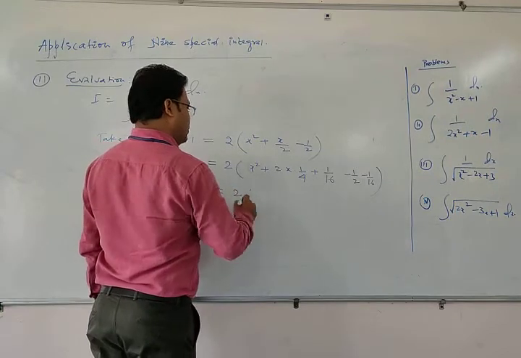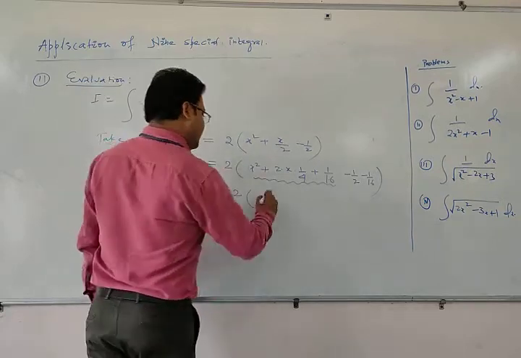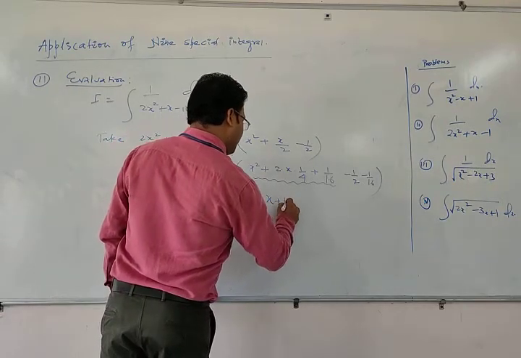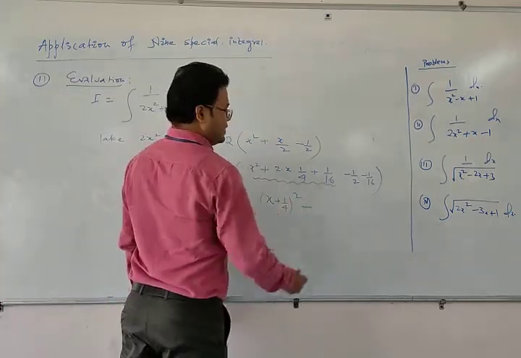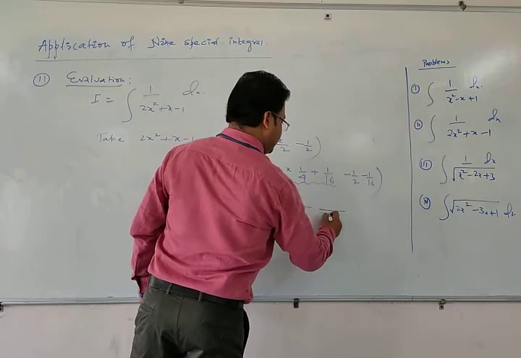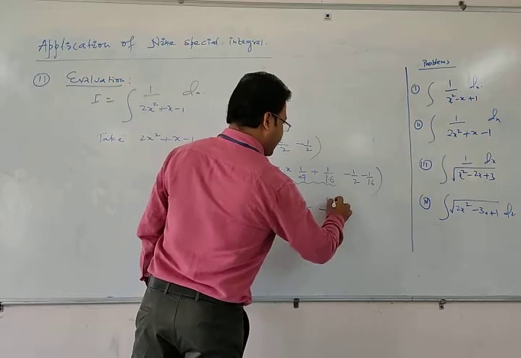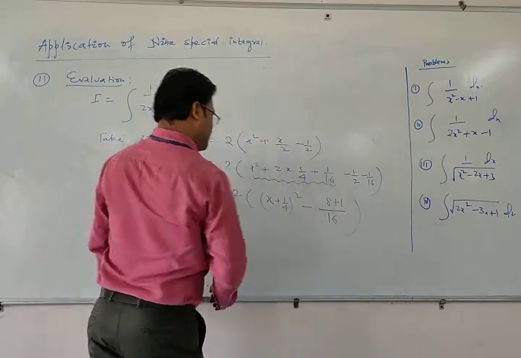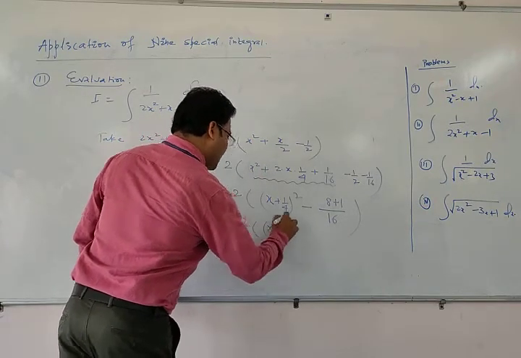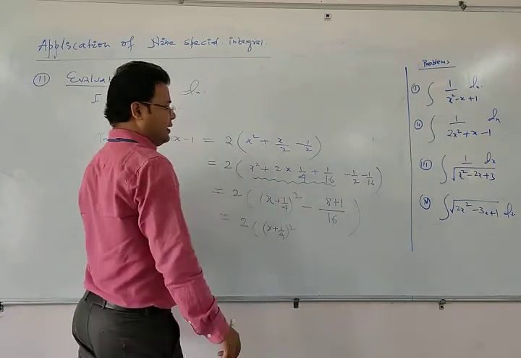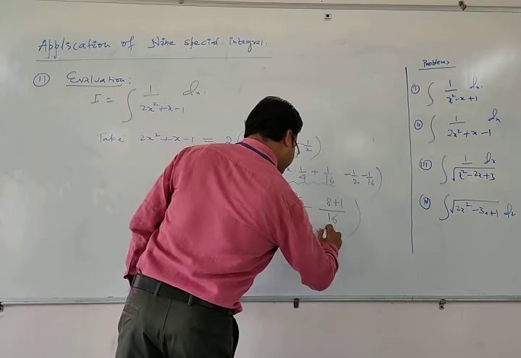This is equal to 2 into, in place of this you can write (x plus 1 by 4) the whole square, minus, on simplifying this we will get the LCM as 16, so 9 by 16. So this is equal to 2 into (x plus 1 by 4) whole square minus, and you can write 9 by 16 as (3 by 4) whole square.